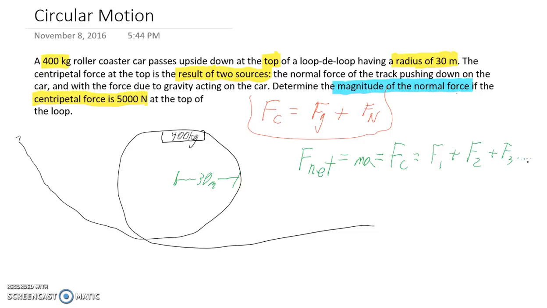Fc is just equal to Fnet. Now looking at this, we have Fc equals, what's force 1? Well, force gravity. If we draw a free body diagram here, let's do that.